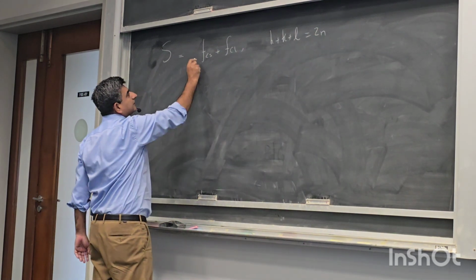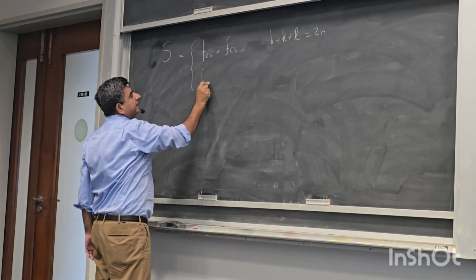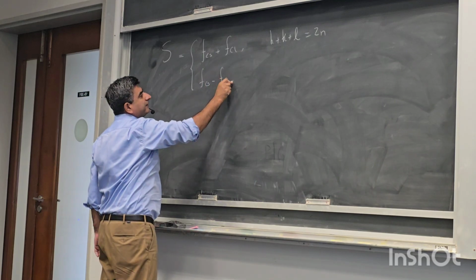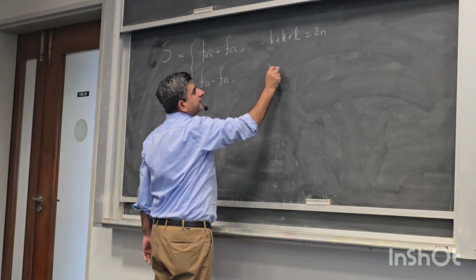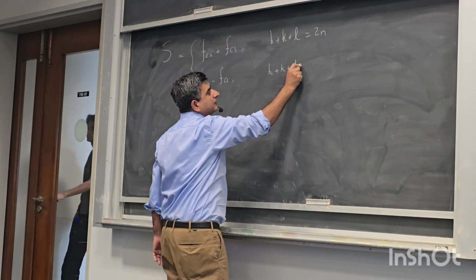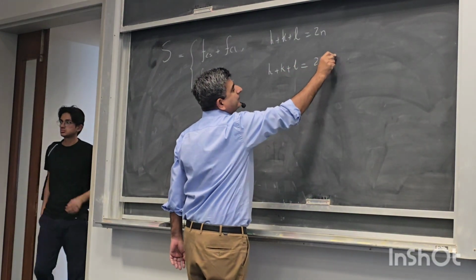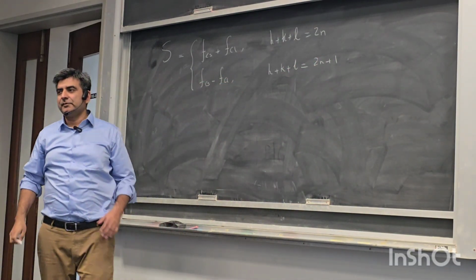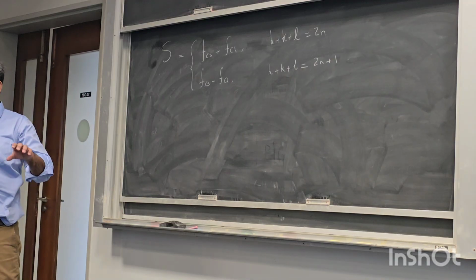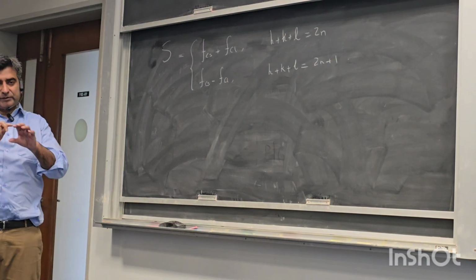And it's FCs minus FCl when this is an odd number, correct?